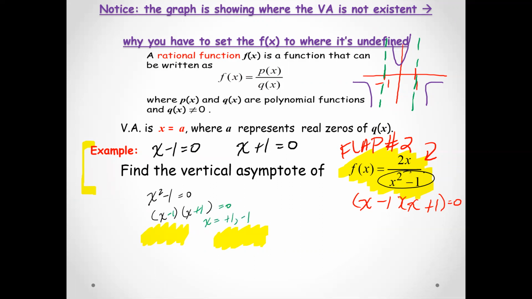If I were to graph this problem on a TI-84 calculator or even on Desmos, this is what the graph will look like. And as you can see, these dashed lines where the graph does not meet are the vertical asymptotes, vertical because you're going up and down. And x equals +1, -1, which is right here, shows you where the vertical asymptote is.